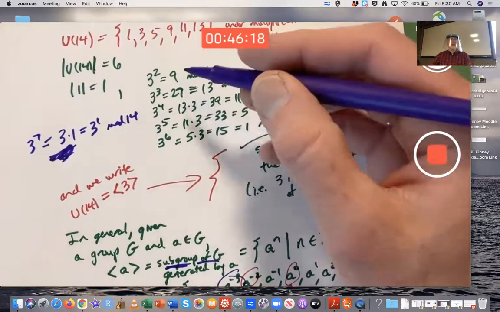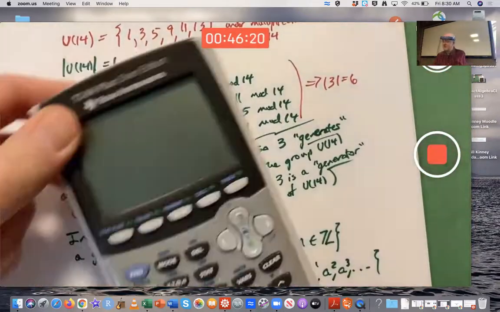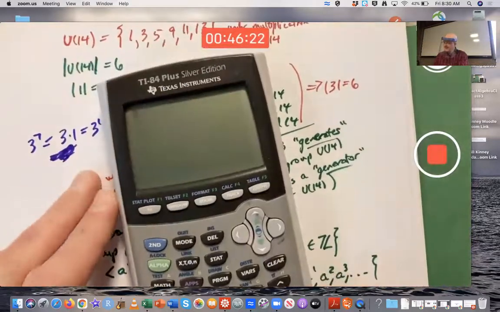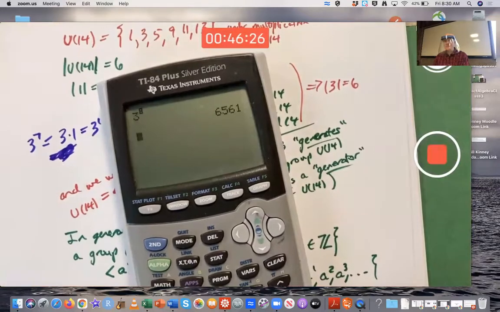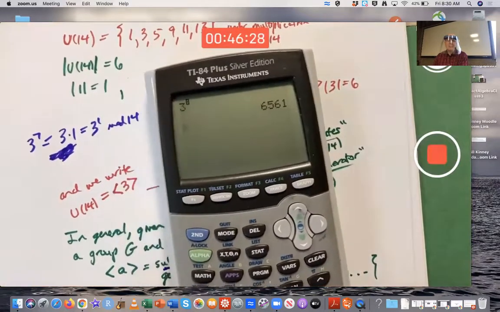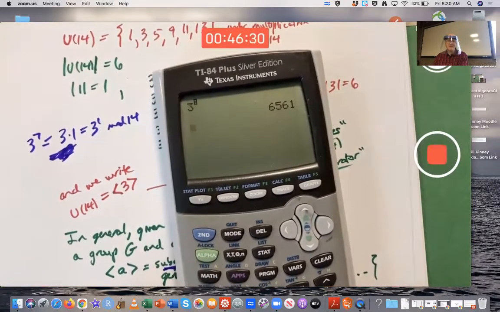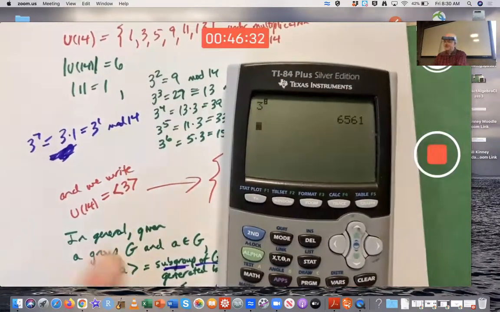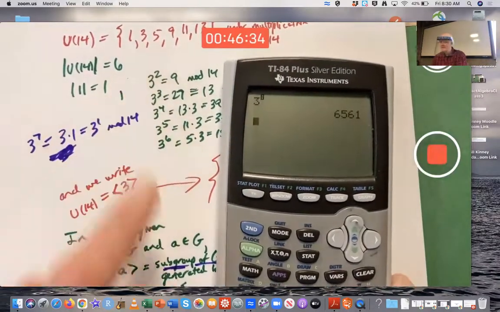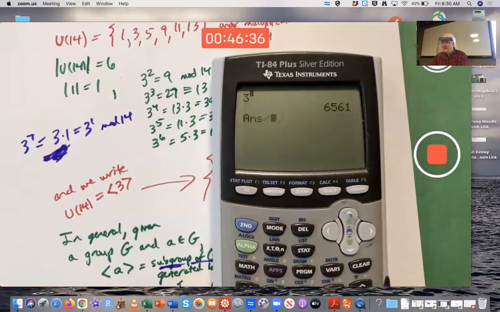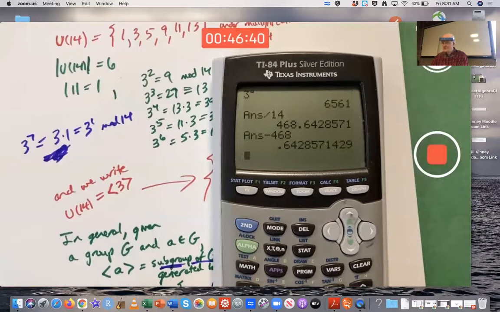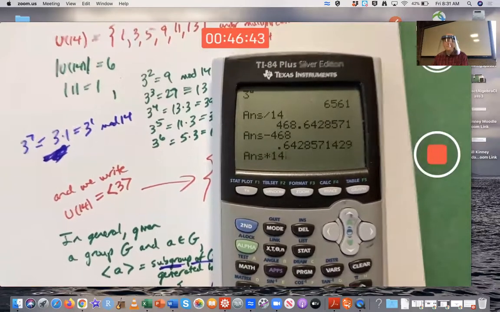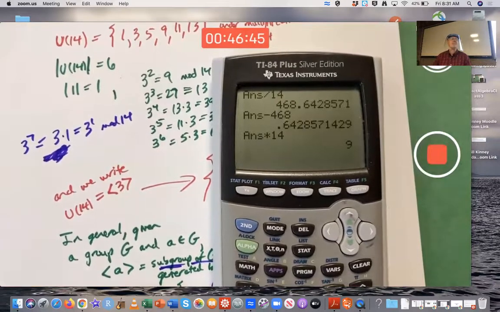I mean, if you want extra confirmation, go ahead and compute 3 to the 8th as a big number. 3 to the 8th, 6,561. If I divide that by 14, I should get a remainder of 9, right? Because it's the same as 3 squared. Divided by 14, subtract 468 multiplied by 14, it should be 9. Yep.